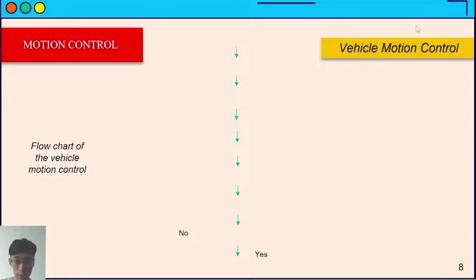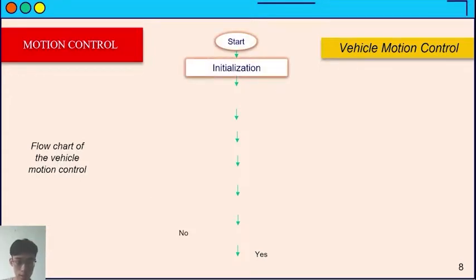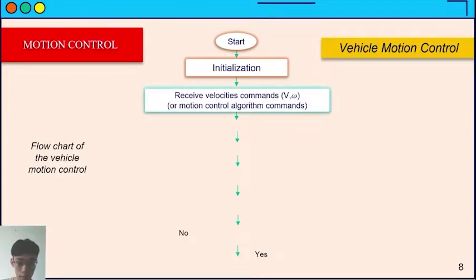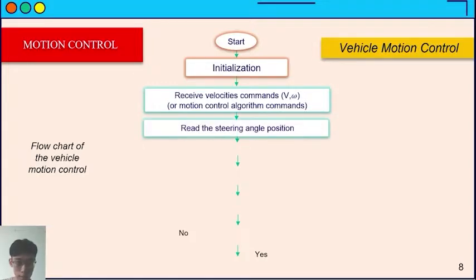So we go to the vehicle motion control. This is a flow chart of the vehicle motion control. The first is start. Next is initialization. Receive velocity commands, velocity omega or motion control algorithm commands. Read the steering angle position.